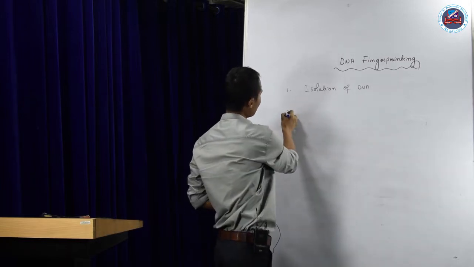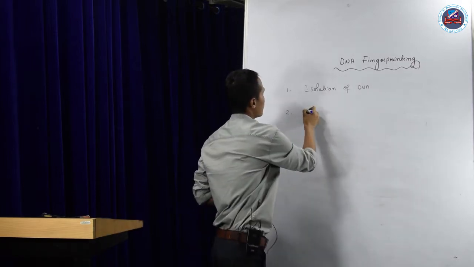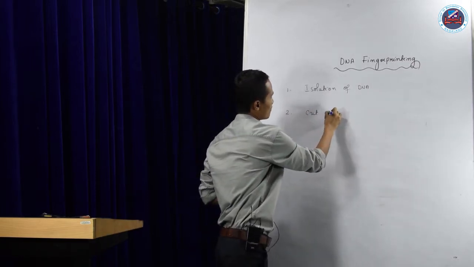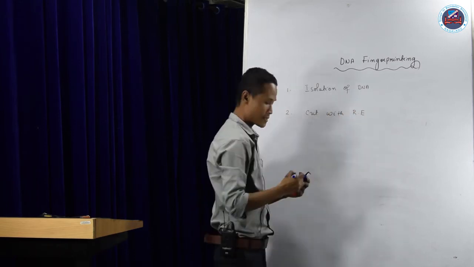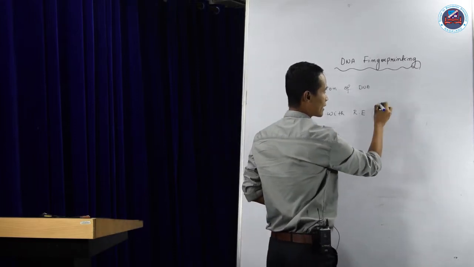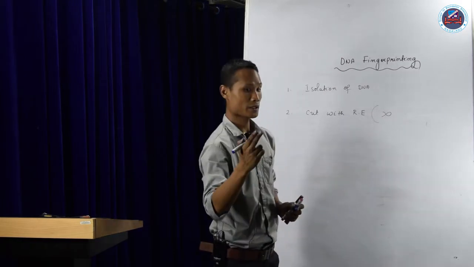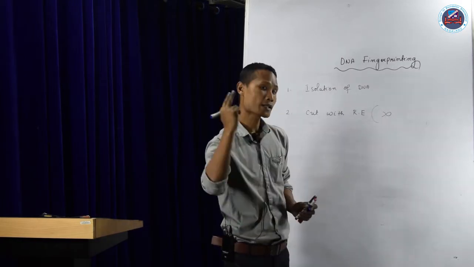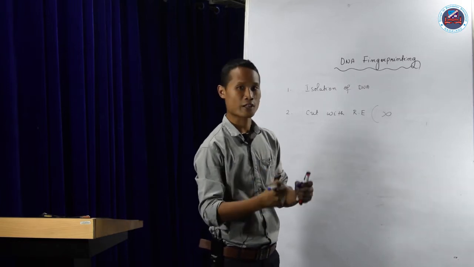After isolation of DNA, it has to be cut with restriction enzyme. As I said, restriction enzymes act like a scissor, and they are very specific. They can cut at any specific point depending on our desired fragments.